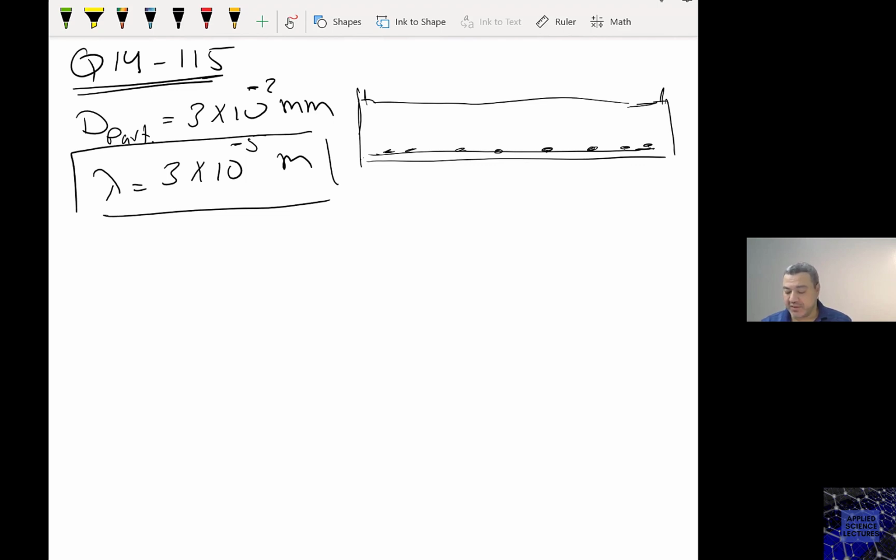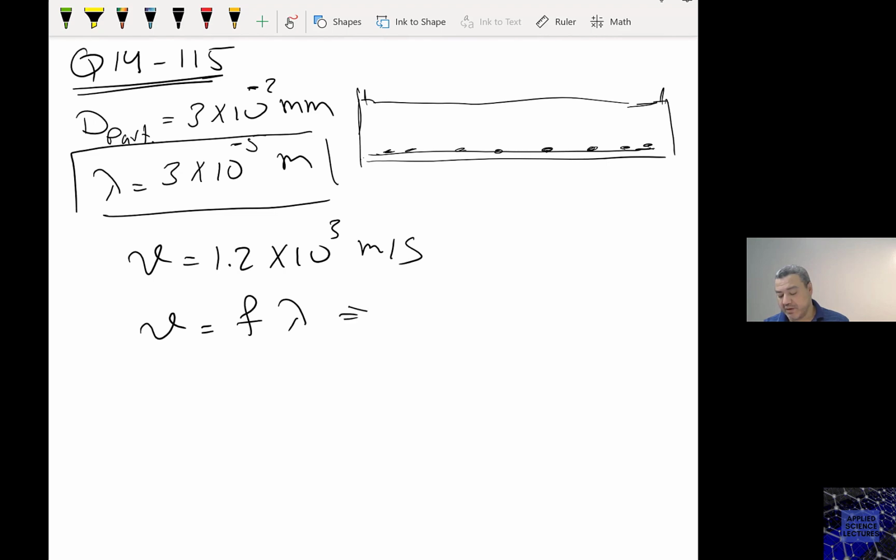Now, if I know that the speed of sound in alcohol is V equals 1.2 times 10 to the power 3 meters per second, and I need to find the frequency, I know that V equals F lambda, and F equals V divided by lambda.